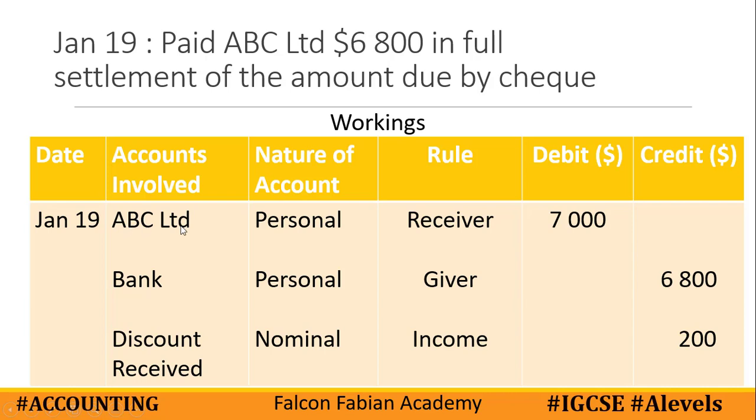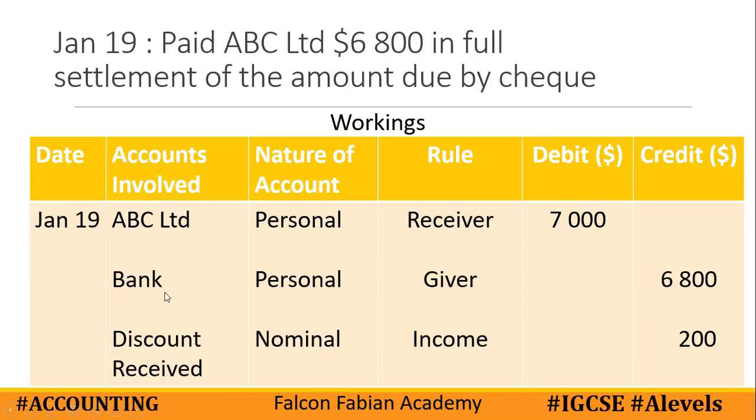We'll do it one more time. First account is ABC Limited. The rule of personal account is applied. ABC Limited is the receiver of money from the business, and the amount you will write is the total of these two, the full amount, which is 7,000. The second account is bank account.